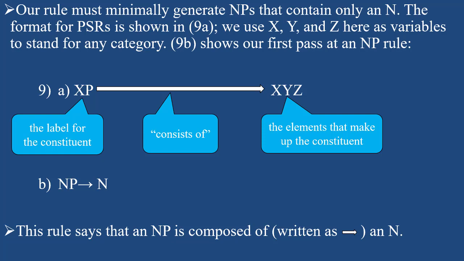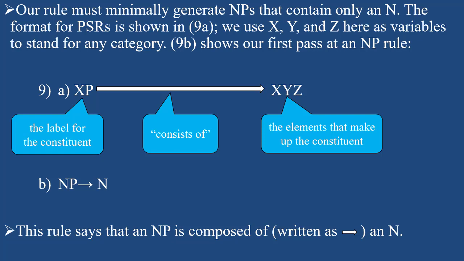So what do we have here? The label for the constituent, XP, for example. In XP, we may have an NP, for example. An NP consists of an element that makes up the constituent. So in our case, look at B. We have an NP. If we want to replace the rules by actual words, we have XP in B. It is NP.